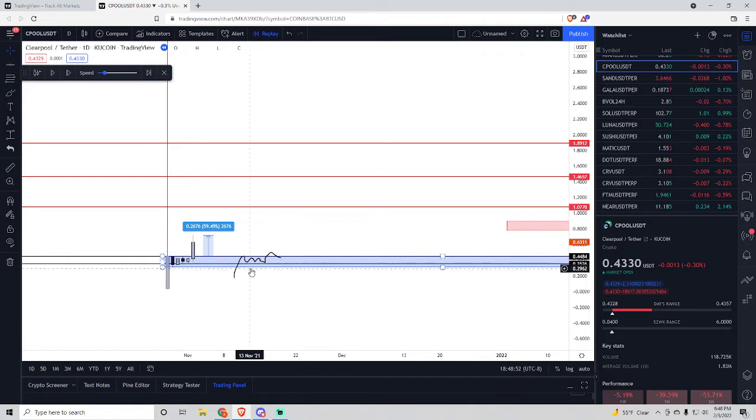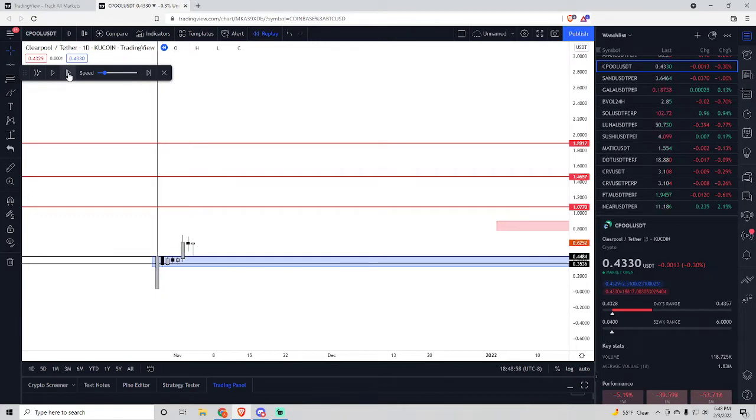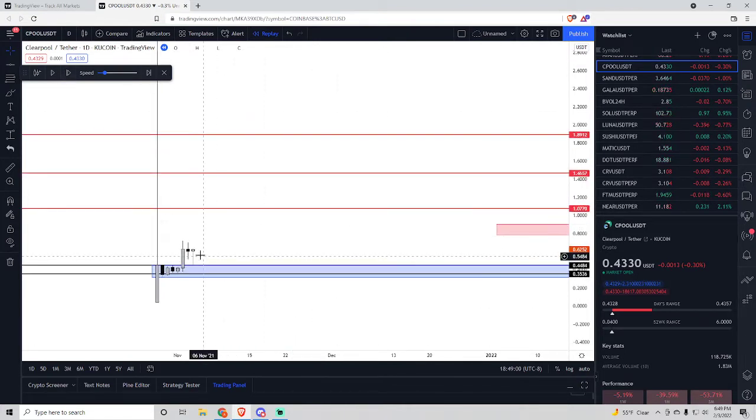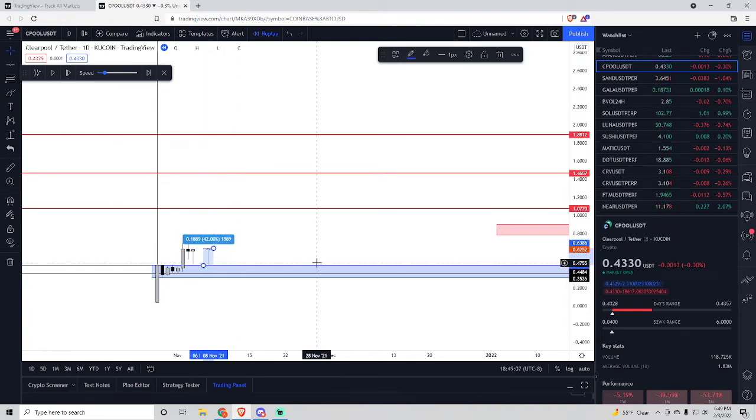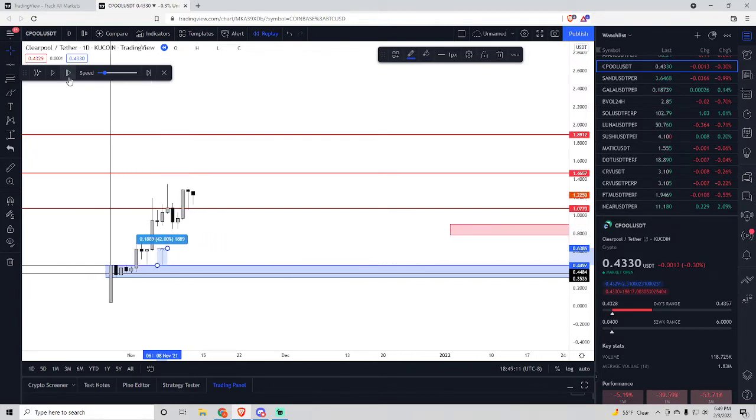Now if I remove all this, price action is filling. So here's the first tap. We tapped that, and then we got a 42% move. We can continue to go, right?